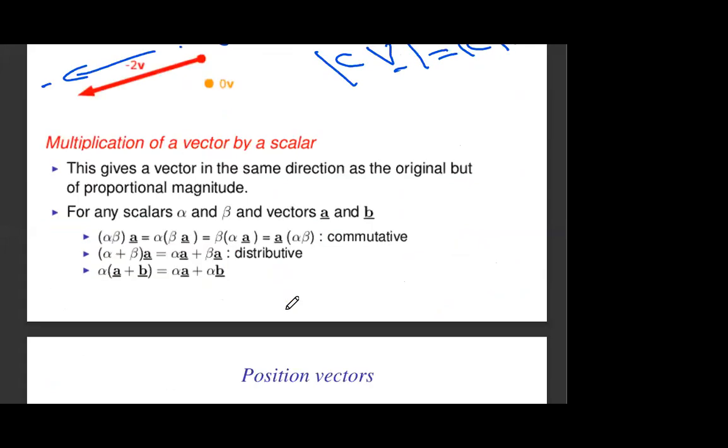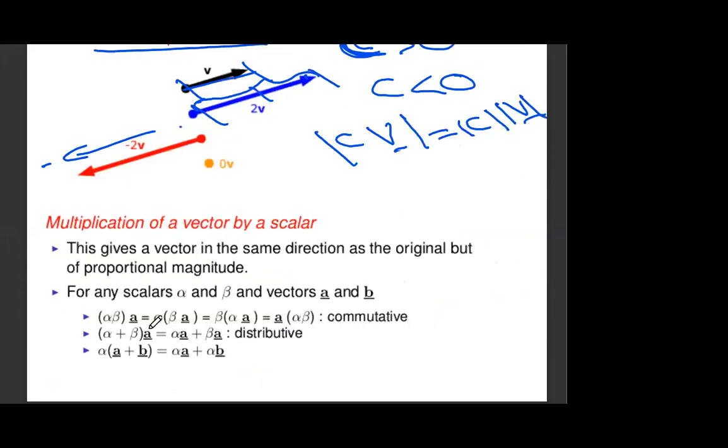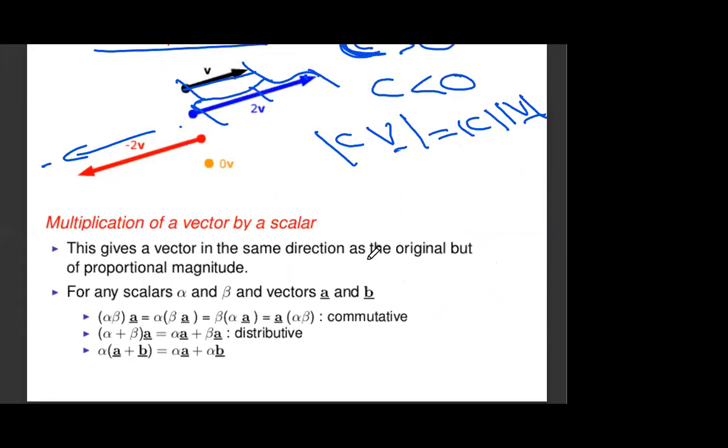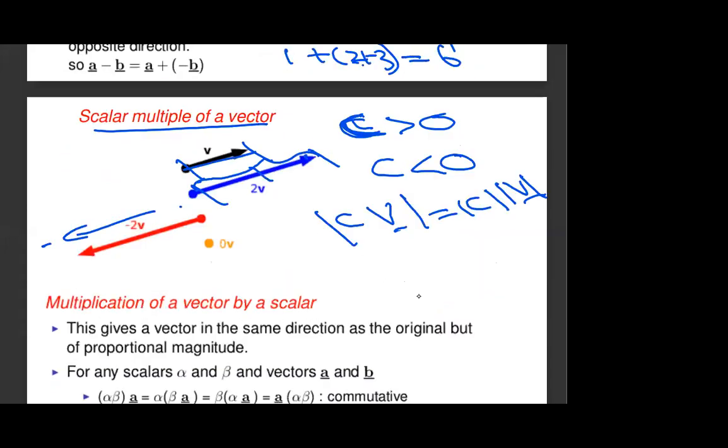Okay. All right, let's talk about this property here. Again, you have the commutative property. This time you consider two scalars, alpha and beta. That means these are real numbers.